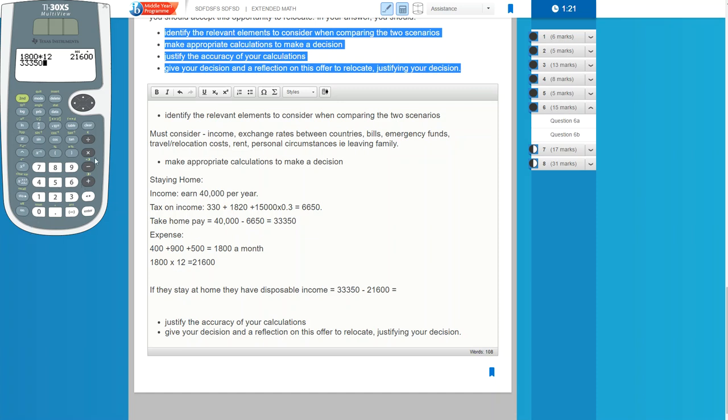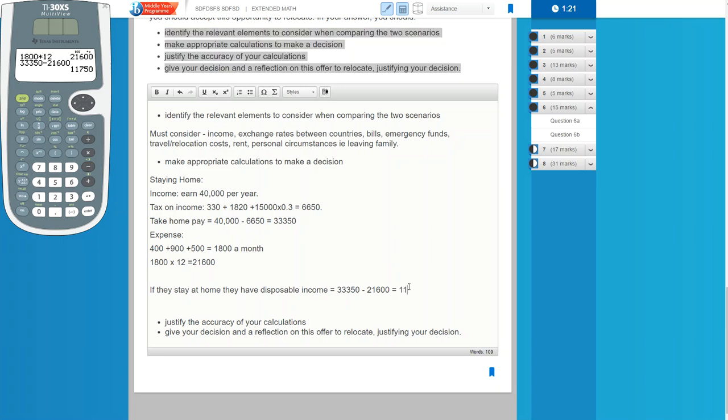And like I said, you guys did set this out pretty well. You do want to be as clear as possible. So they will have 11750 disposable income, okay? A year. Is that okay? So that's if you stay at home.